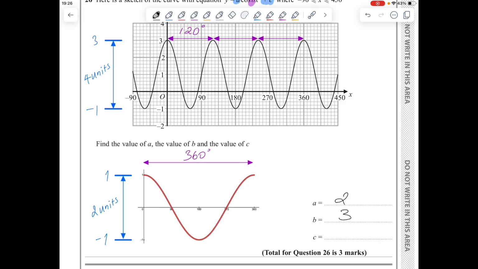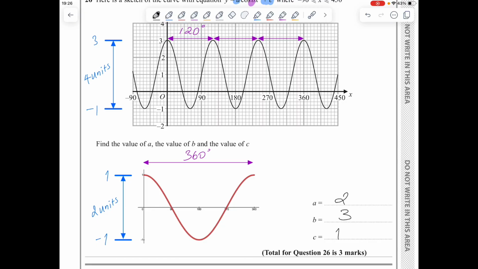Now, a stretch by a scale factor of 2 would make this minus 1 into a minus 2, this one into a 2. Therefore, I will have 4 units height as this one, but to go from minus 2, 2 to a minus 1, 3, it implies I have to translate my graph 1 unit up.